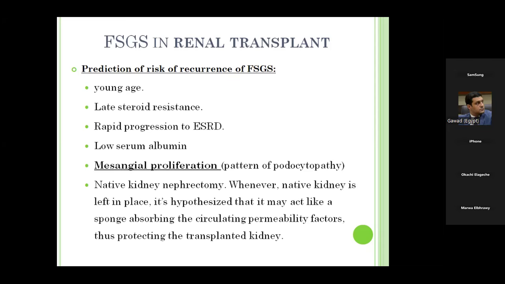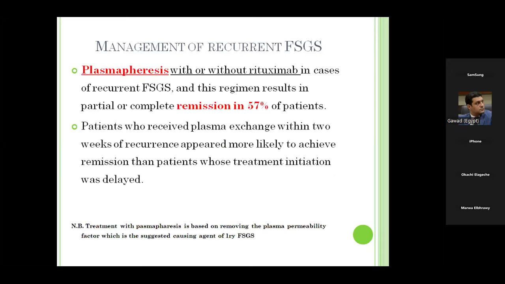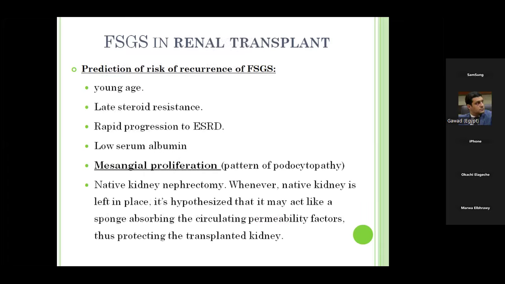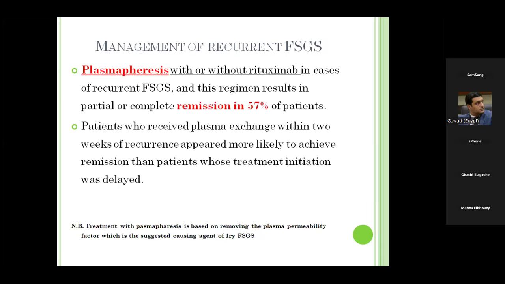Some points predict the risk of recurrence. The pathological point among these is the mesangial proliferation pattern in podocytopathy. Sometimes, in case of podocytopathies, we may find a mesangial expansion with proliferation with no deposits, of course. This was mentioned as a point that may predict recurrence.